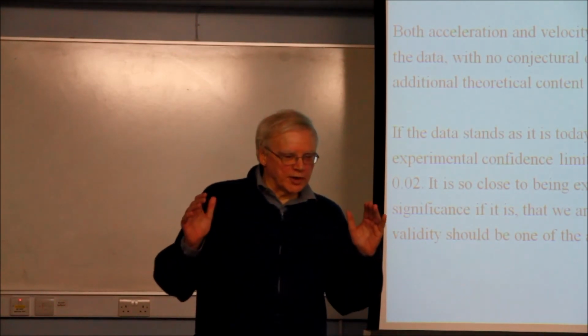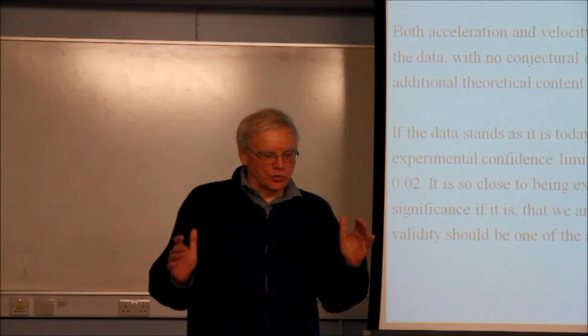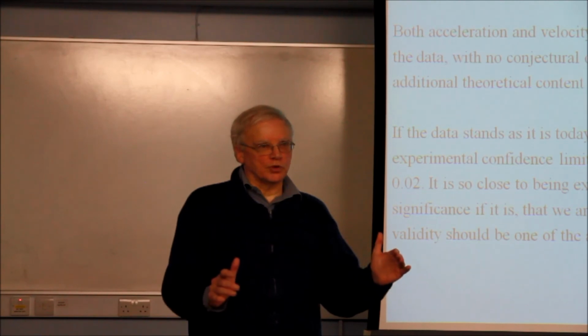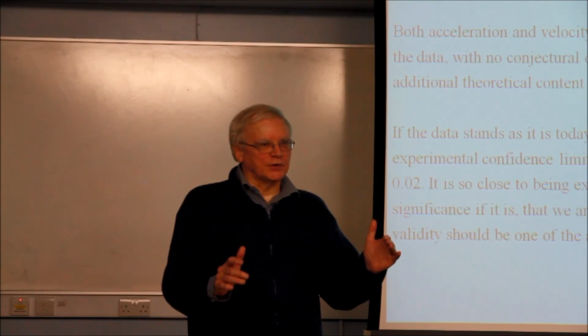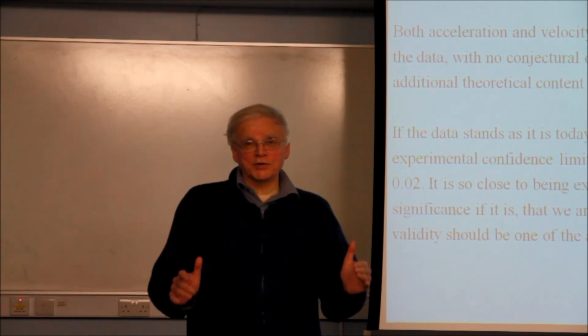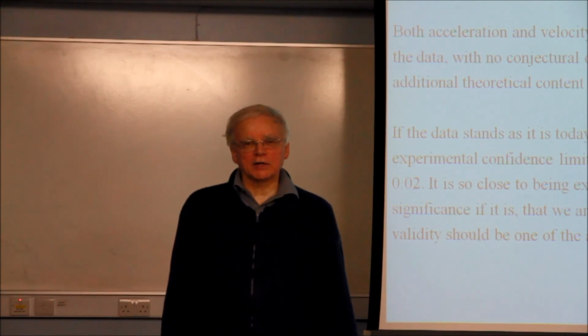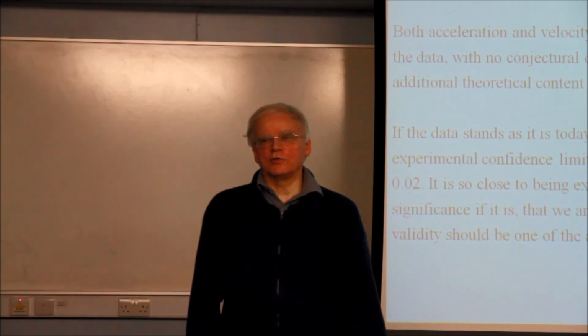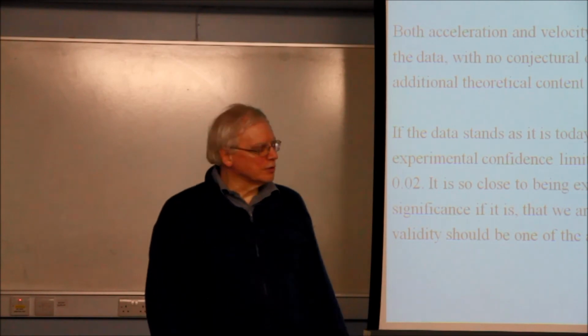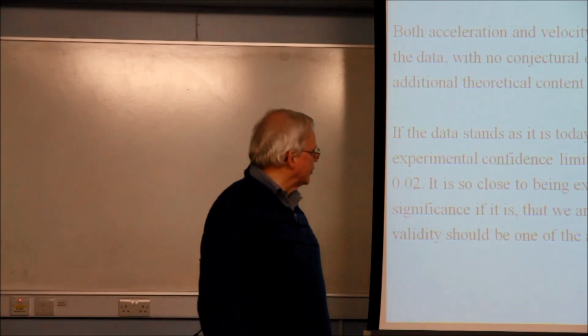We start off with a critical value universe from Friedmann's equations, and then we simply get an acceleration and a velocity term of exactly the sort that we observe, if we assume that omega lambda is 2/3.